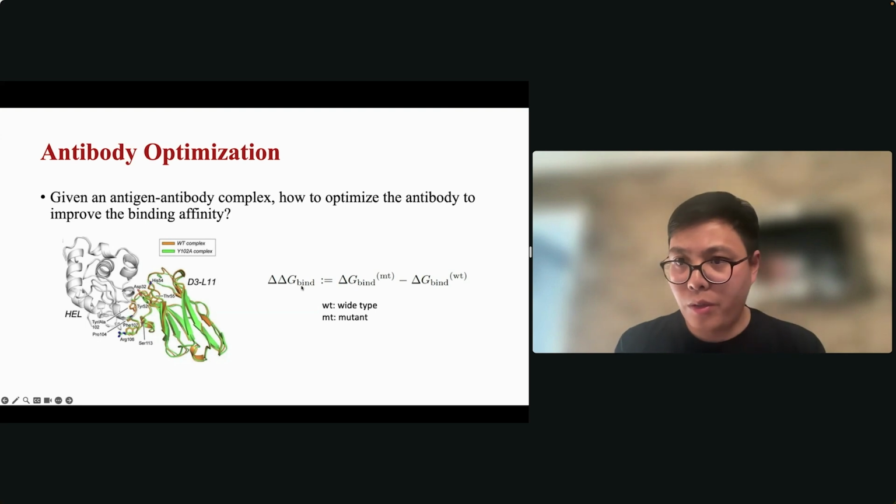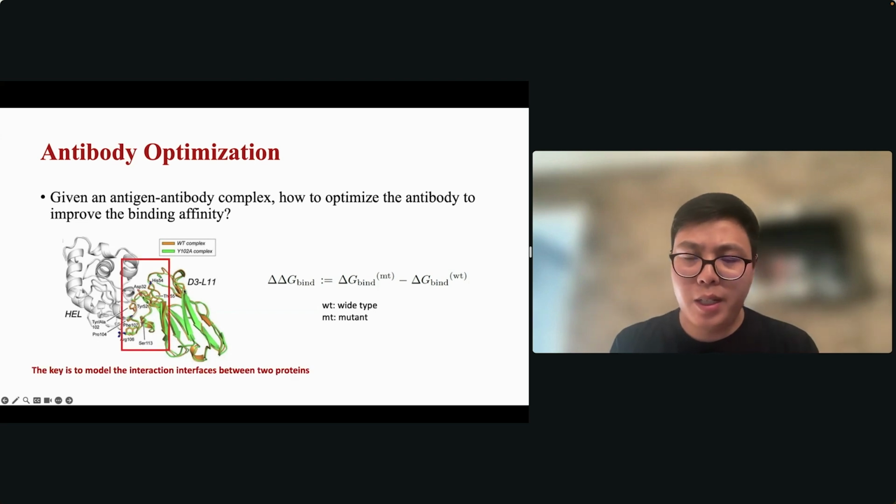Okay, so this is the goal. For binding affinity, most of the time we mainly look at the interface between the two proteins, right? So for this model, we are also trying to model protein structures, but for this problem, we want to model the interactions between two proteins instead of a single protein.